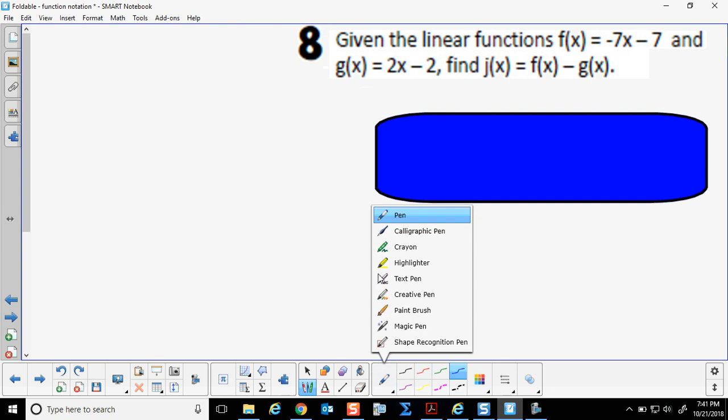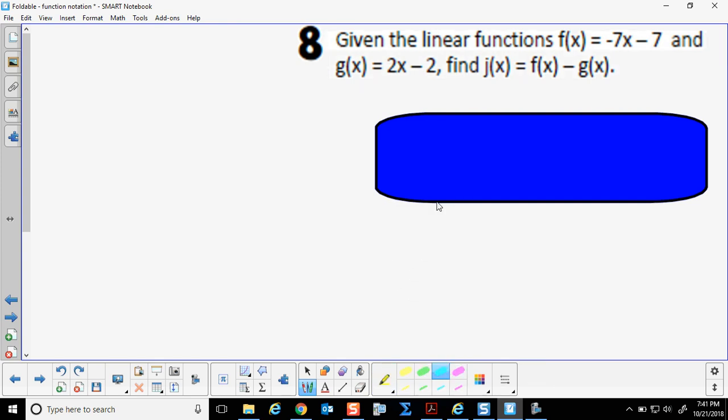Final example here. Given the linear function f of x equals negative 7x minus 7 and g of x equals 2x minus 2, find j of x, which is f of x minus g of x.